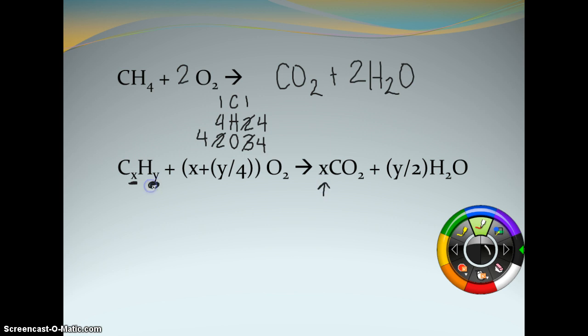Hydrogen's was a Y, so to get your water, you take that divided by 2, which works because we got a 2. And for the oxygen, it's going to be whatever your X was, in this case a 1, plus your Y, which in this case was a 4, divided by 4. So 4 by 4 is 1, so 1 plus 1 is 2, which is what we got. It's just a little formula you could use if you desired.